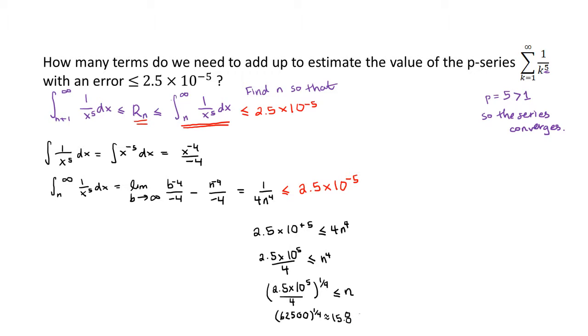It's about 15.8. So that means that if we add up at least 16 terms, then the difference between the entire series and the first 16 terms added together is going to be less than 2.5 times 10 to the negative 5th.